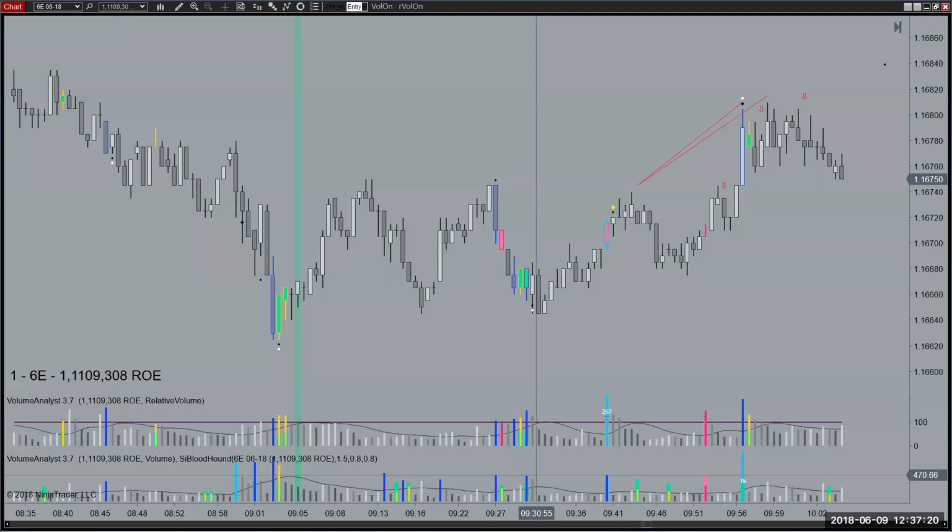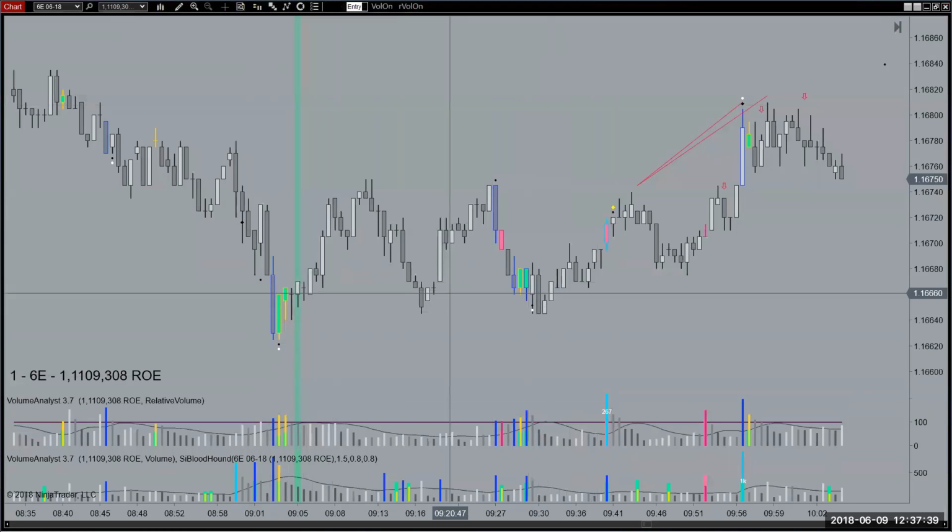It's about equal with the previous. Relative volume looks like about 30% greater than the previous bar. So that was your re-entry there if you missed the low, which was that perfect churn bar on the tick chart in the relative volume.